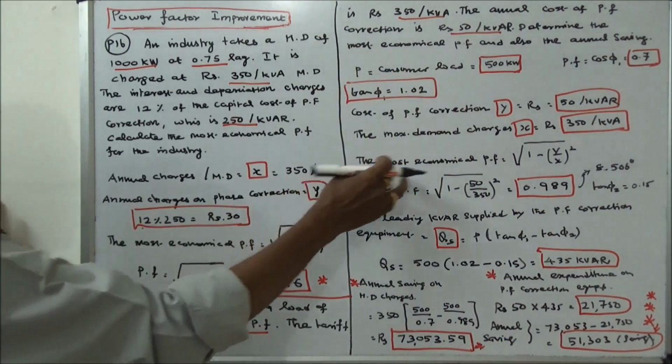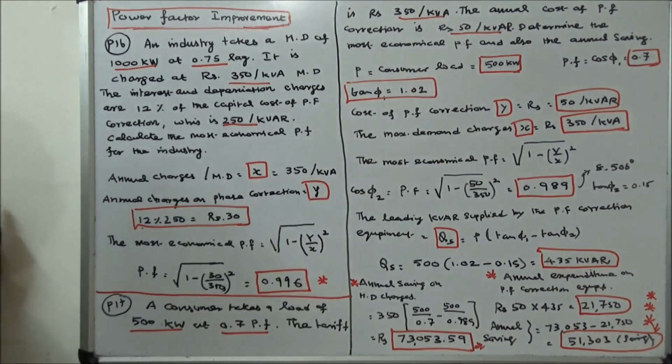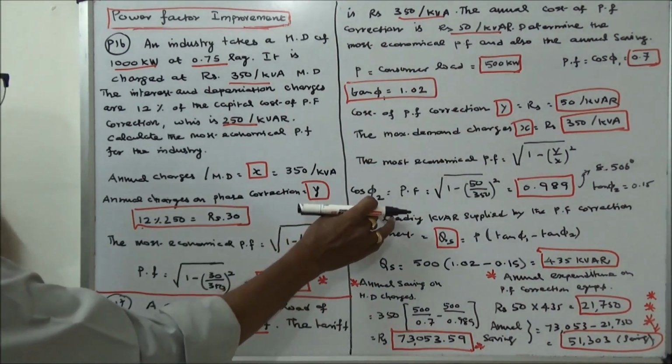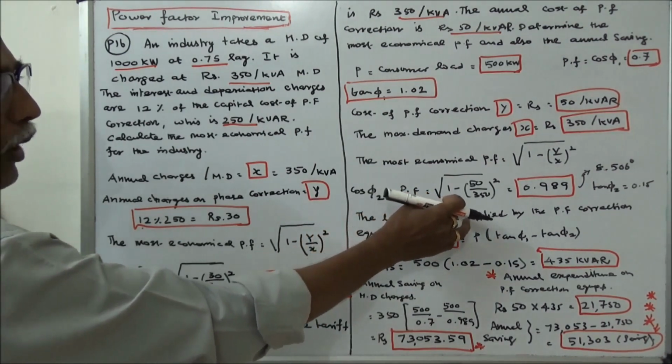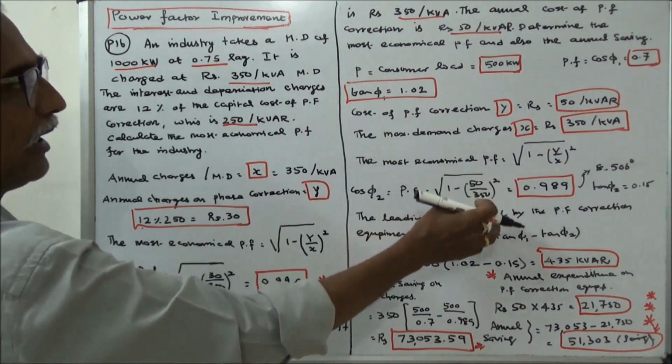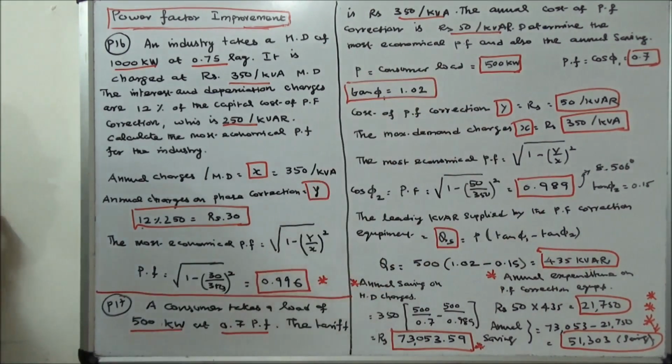Another formula, the most economical power factor, root of 1 minus (y by x) the whole square. Here cos phi 2 is equal to root of 1 minus (50 by 350) the whole square, that is equal to 0.989.